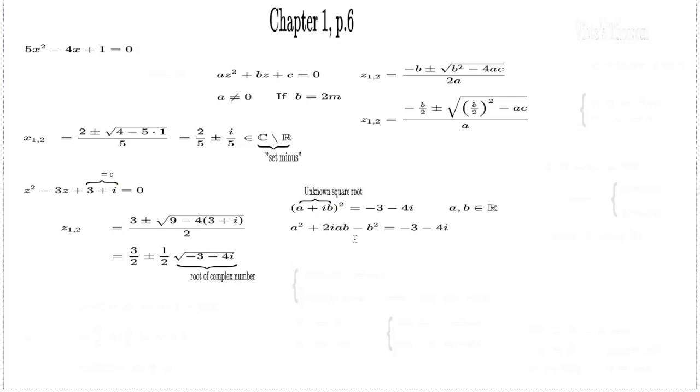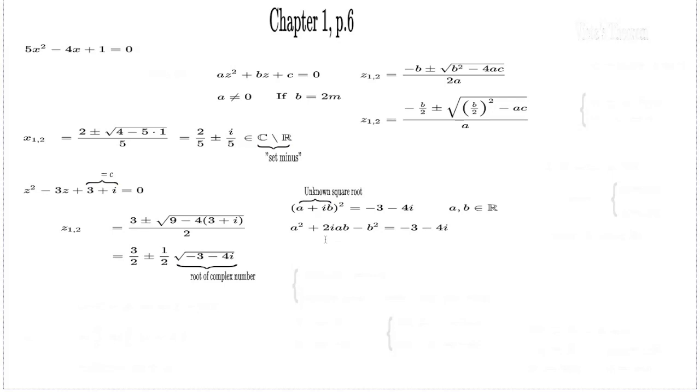Now, look at this. Remember, my a and b are the unknowns we're going after. But now you've got a complex number on the left-hand side, which involves some unknowns, and a pretty much known complex number on the right-hand side. What you can say now is this: if you have two complex numbers which are equal, then you can equate separately real and imaginary parts of each of these complex numbers.